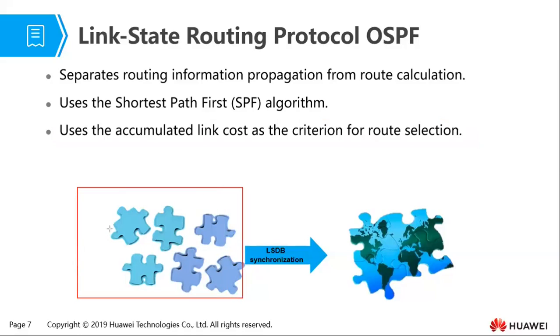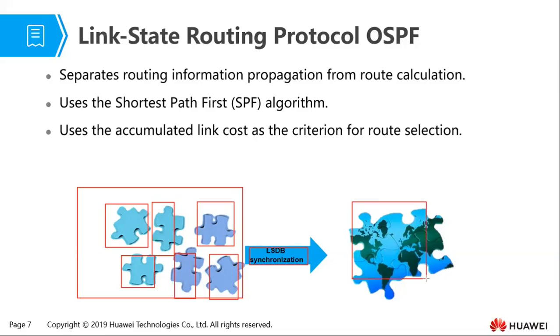So link state information is simply, hey, I know Kitale, I know Kisumu, I know Nairobi, I know Mombasa, and so on. Every router is going to share and say, hey, I know how to go here, I know how to go here, I know how to go here. By sharing what they know, that process is called LSDB synchronization.